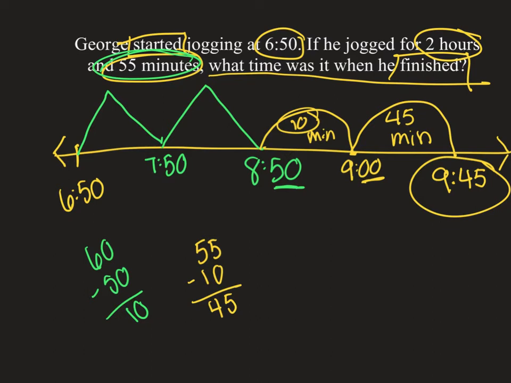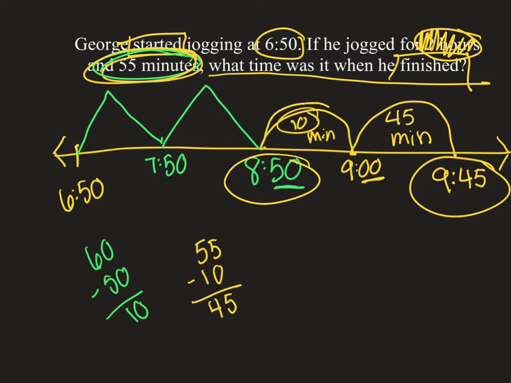Okay, so bring it back real quick to the part that's probably a little bit confusing. When we had 8:50 right here, we had already jumped our 2 hours, so I can get rid of those 2 hours. Now we just had the 55 minutes left. So I first wanted to get to 9 o'clock. To get to 9 o'clock, I had to add 10 minutes, right? 8:50 plus 10 minutes is 9 o'clock.